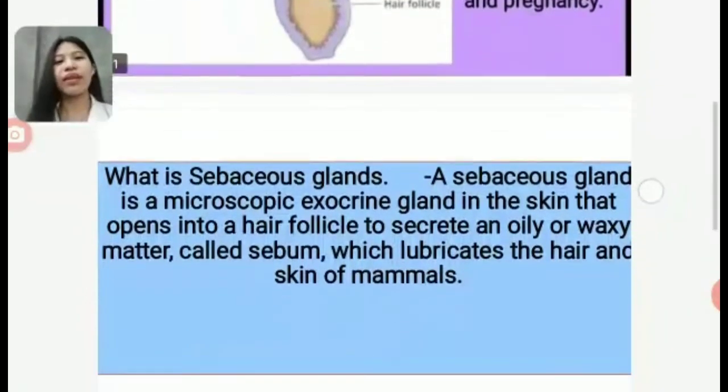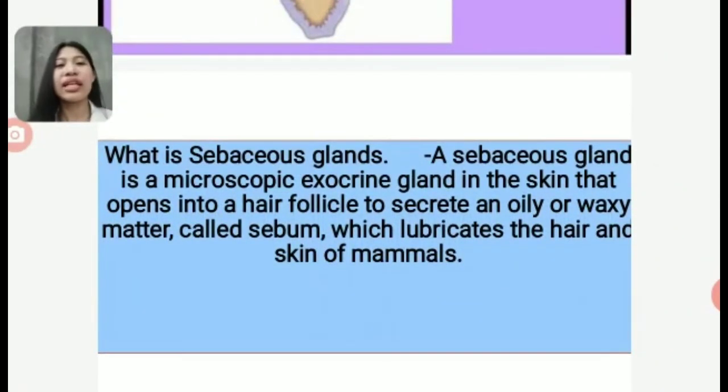Sabi din dito, the sebaceous gland is a microscopic exocrine gland in the skin that opens into a hair follicle to secrete an oily or waxy matter called sebum, which lubricates the hair and skin of mammals.